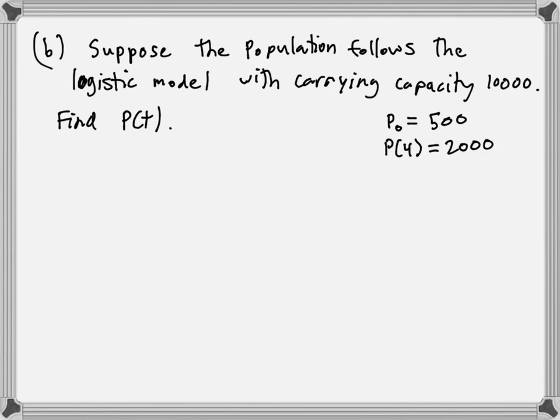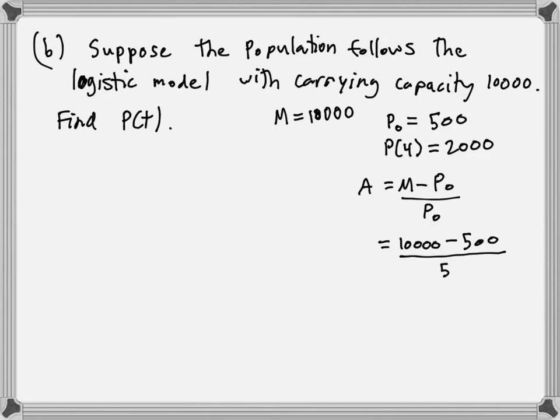So recall earlier we wrote down what A was. A is equal to M minus P naught over P naught. Oh, I didn't write down the M here, but M is 10,000. So this is equal to 10,000 minus 500 divided by 500, which is equal to 9,500 divided by 500.